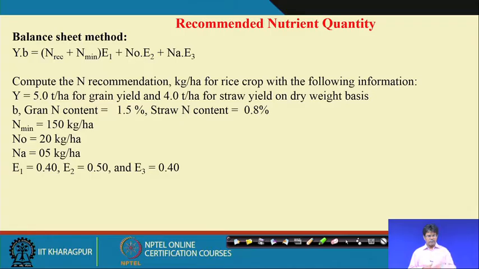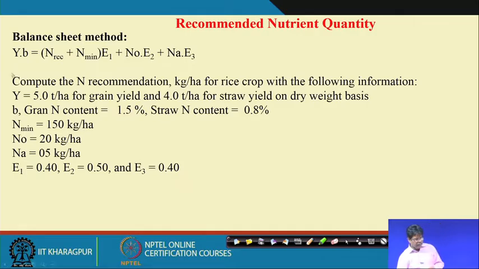Suppose you need to calculate, by the balance sheet method, the N recommendation in kg per hectare for a rice crop with the following information. Suppose the grain yield is 5.0 ton per hectare and the straw yield is 4.0 ton per hectare, on a dry weight basis. Because when you go for nutrient uptake, especially on a dry weight basis, we assume there is no moisture.